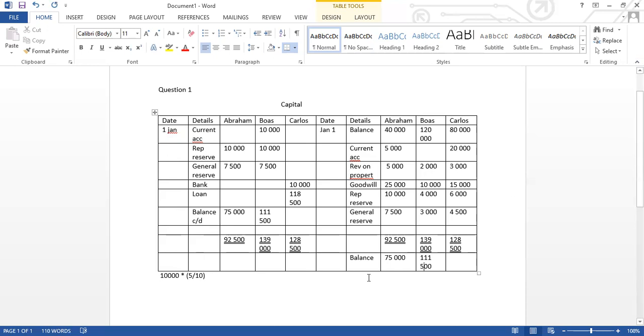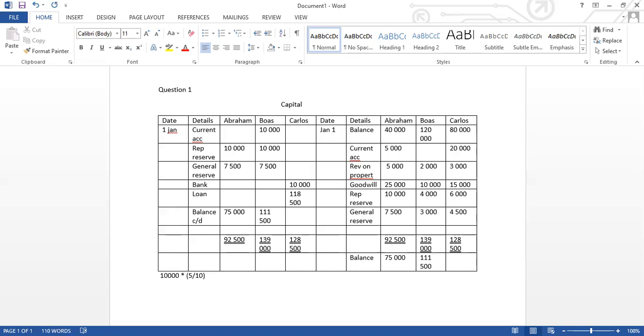So that was it for question 1, the capital account. Now question 2. Still falling under partnership, but in this case it's a liquidation.